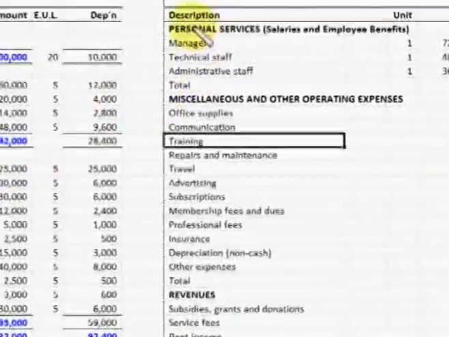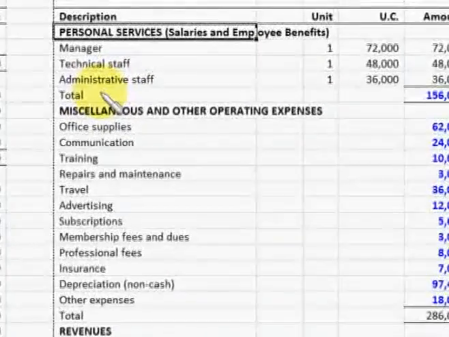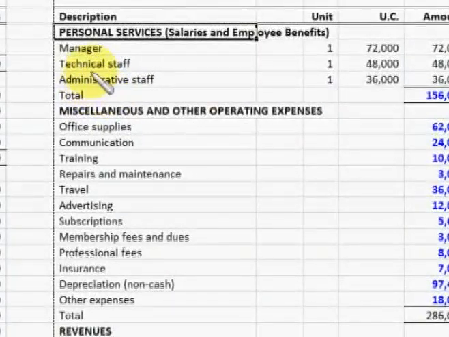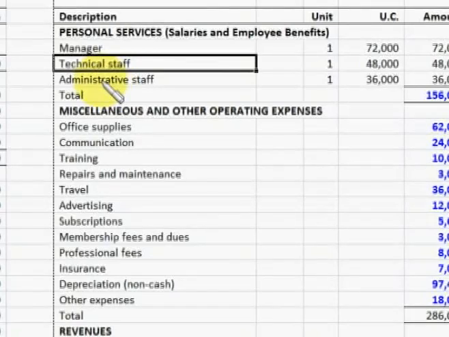We also need people, of course, to run the affairs or to manage the CEC. And basically, we must have a manager, a technical staff, and an administrative staff.